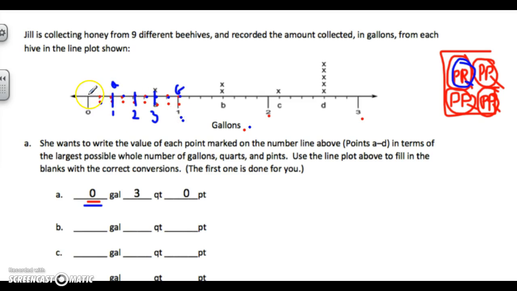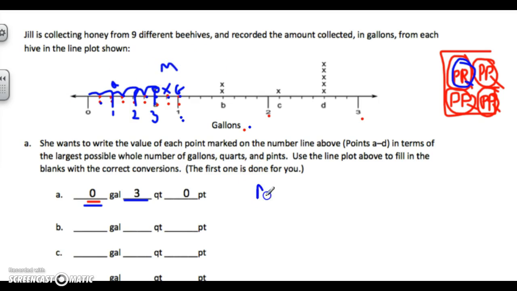And then every 2, so 1, 2, that's 1 quart. 3, 4, that's 2 quarts. 5, 6, this X right here is on the 6th slash, which is the same as 3 quarts. Now, there's nothing more than that. There's no pints.